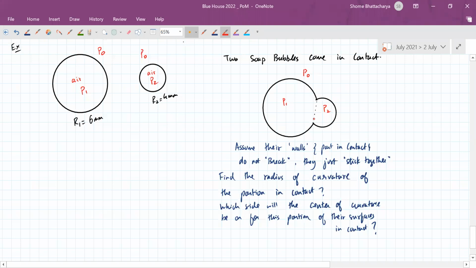The common part of the shells which is in contact will exist at some kind of curvature. Now you can use the formula from above, and even though the value of surface tension is not given to us for the soap solution, independent of the value of surface tension, we can find the radius of curvature of the portion.